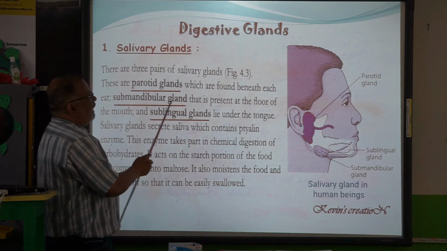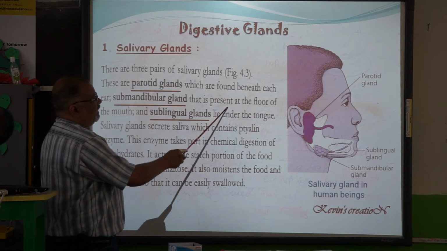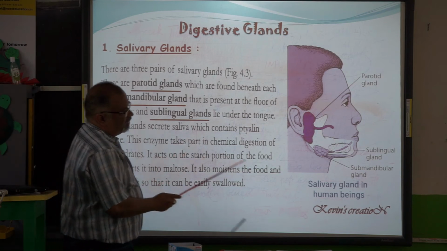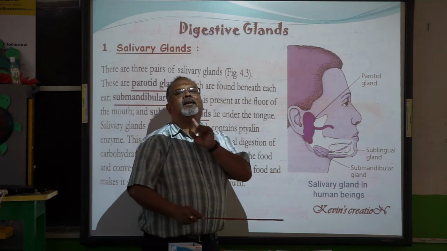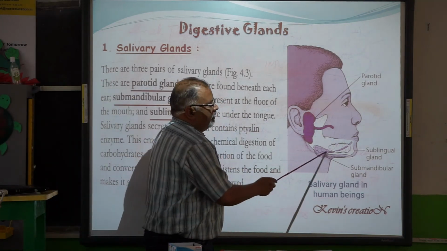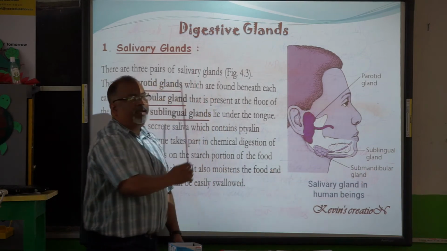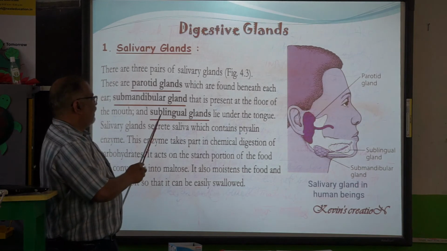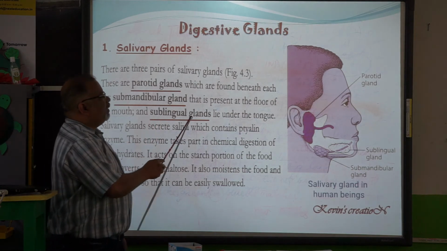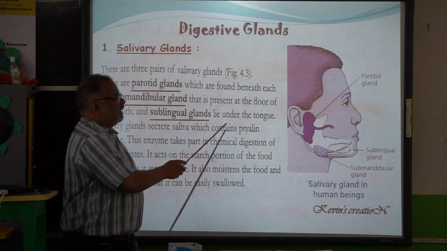Then comes submandibular gland, that is present at the floor of the mouth. This is the one here, submandibular gland. This is also a kind of salivary gland only. And the last one is sublingual gland, which lie under the tongue.